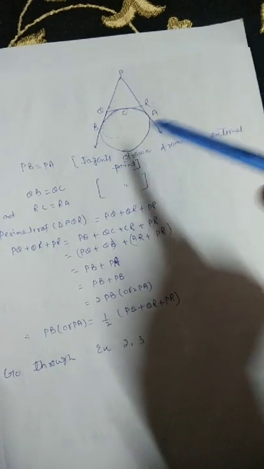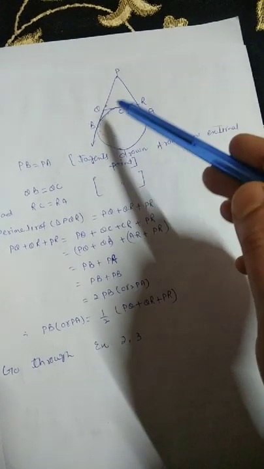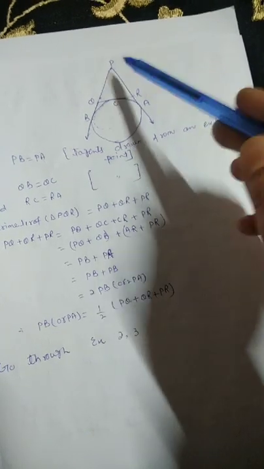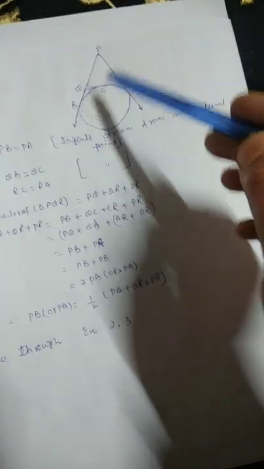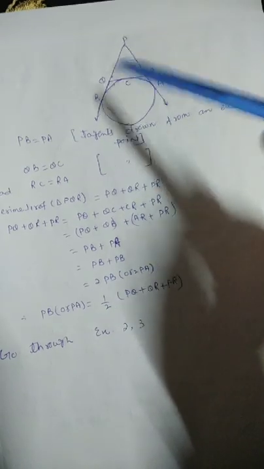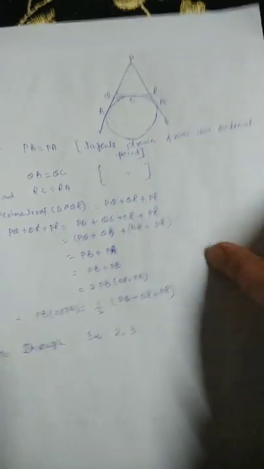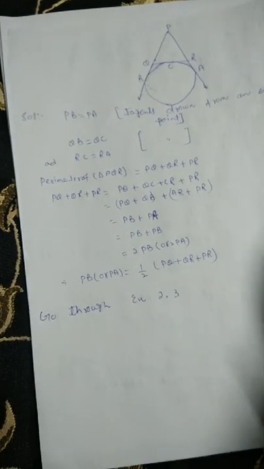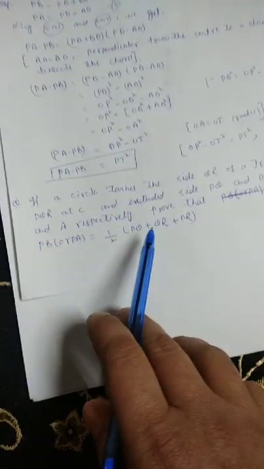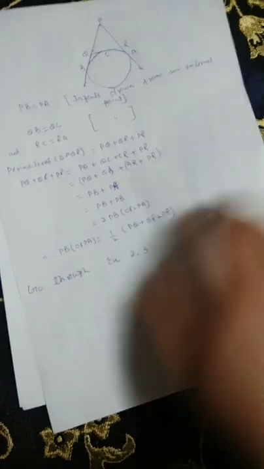The circle touches the side QR at C. The extended sides PQ and PR touch the circle at B and A respectively. We have to prove that PB or PA is equal to half of PQ plus QR plus PR. Let us solve this question.